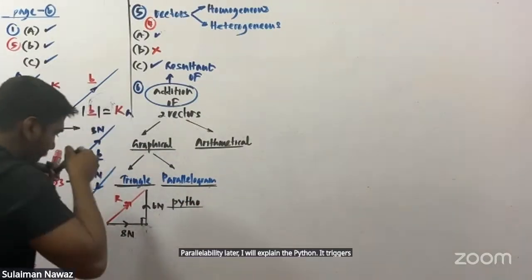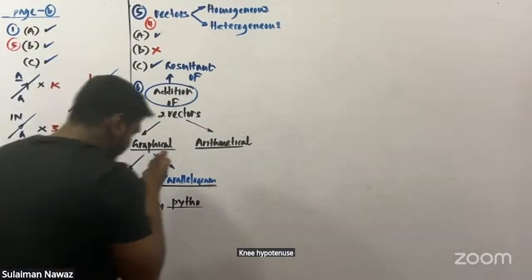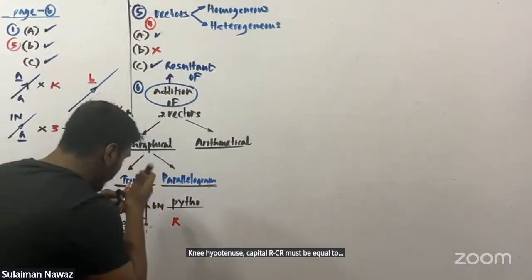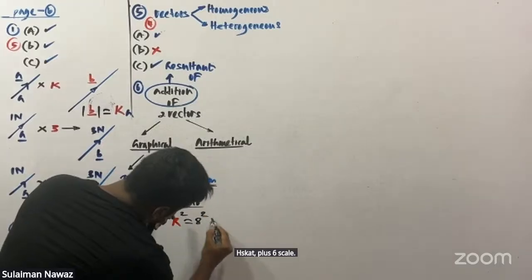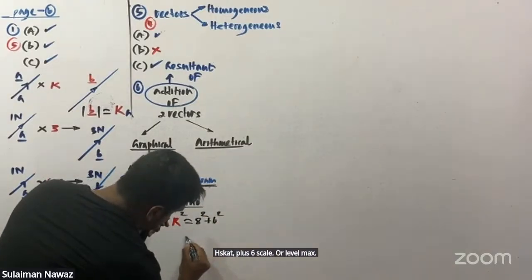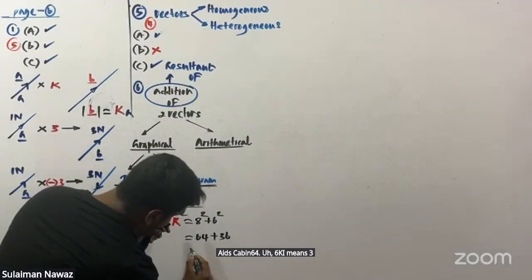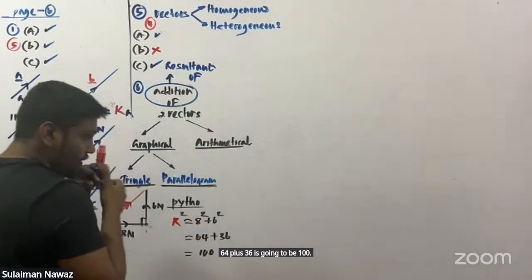R squared equals 8 squared plus 6 squared. 8 squared is 64, 6 squared is 36, and 64 plus 36 is 100. So R squared is 100.